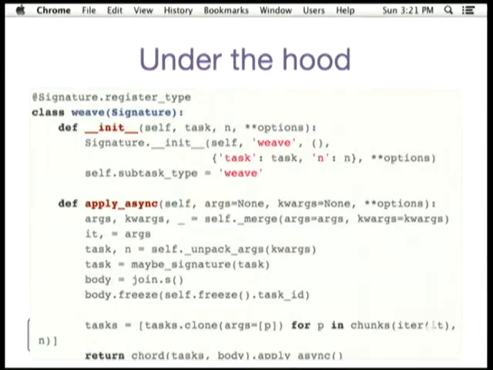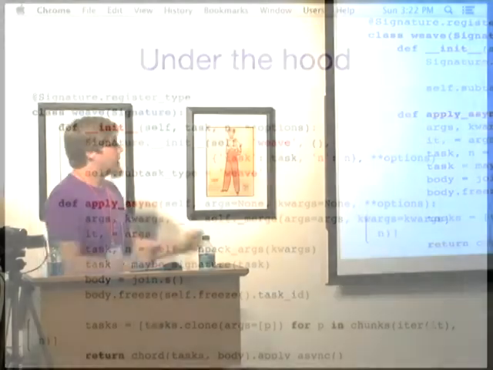I put weave as the second arg of the init here. That arg represents the task that is associated with it, but since there's no real task associated with all these signatures, I could have put None there just as easily, because Celery is never going to try to launch an actual task for a signature subclass that doesn't have a one-to-one representation of an actual task.